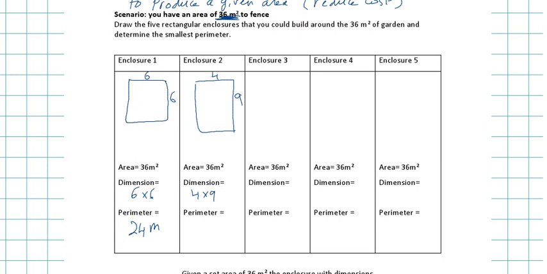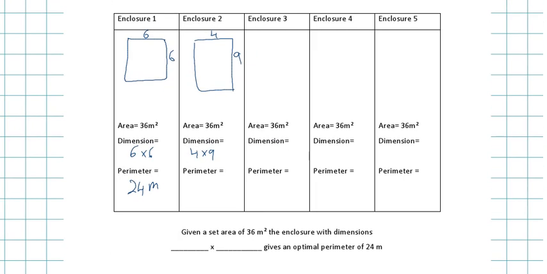Another one would be 3 times 12, because 3 times 12 gives me 36. What would be my perimeter here? So 3 plus 3 is 6, and 12 plus 12 is 24. 6 plus 24 is 30.